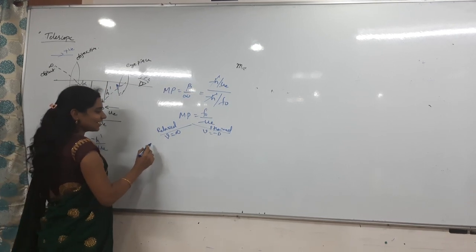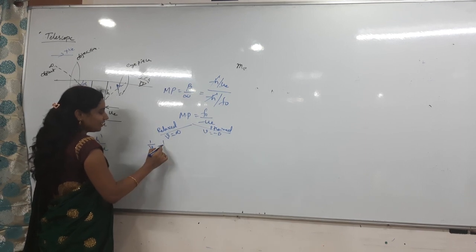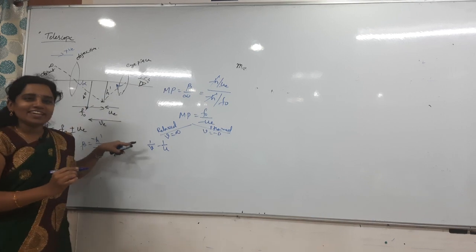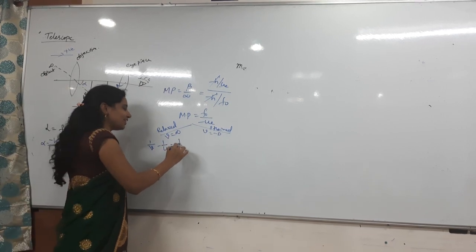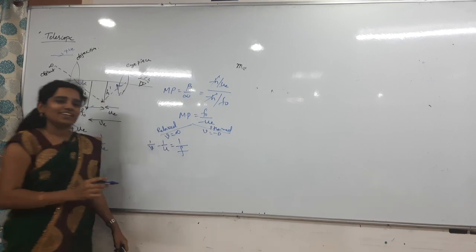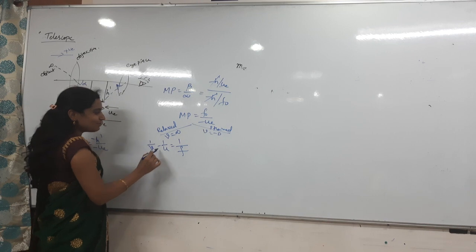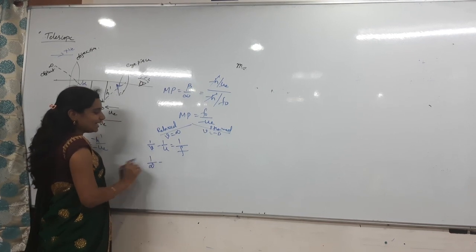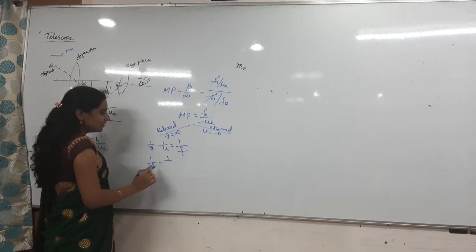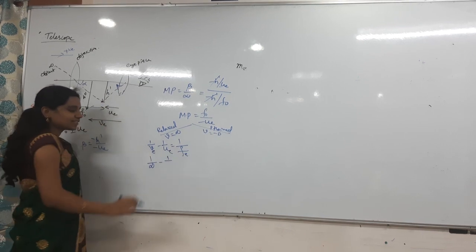Yeah. 1 by V minus 1 by U is equal to what? 1 by Fu. That is 1 by Fu. 1 by infinity minus 1 by U. About the eyepiece only you have to consider always.